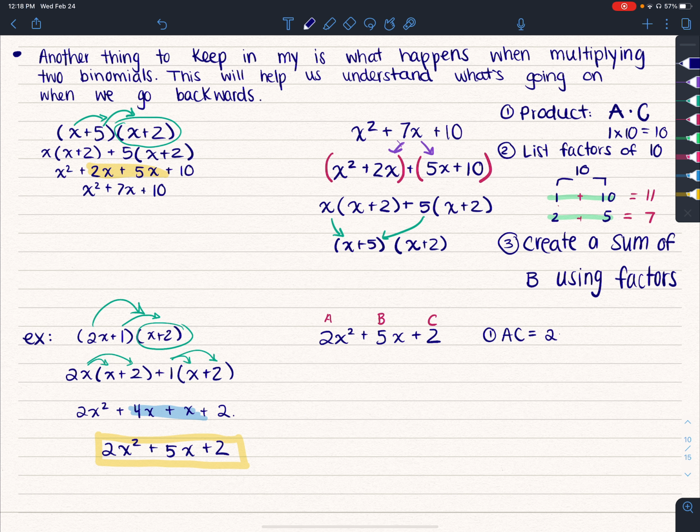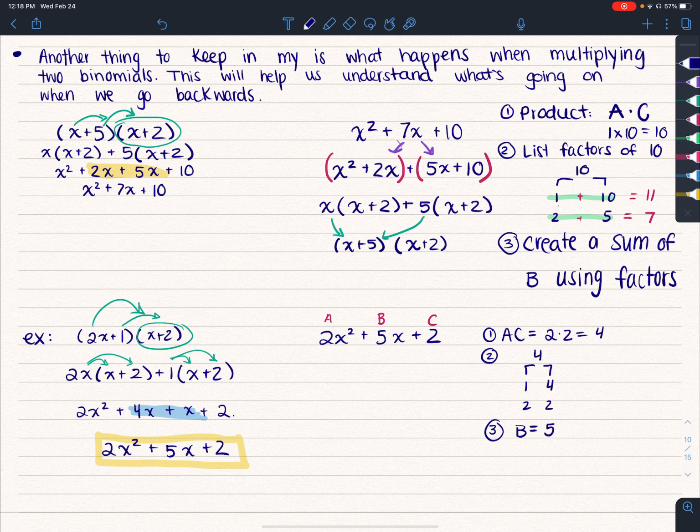AC is 2 times 2, so 4. Step 2 is we need to list the factors of 4. So 1 and 4, 2 and 2. And 3 is create a sum of B.